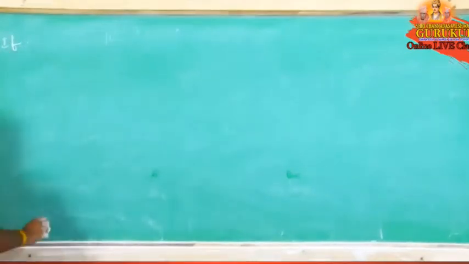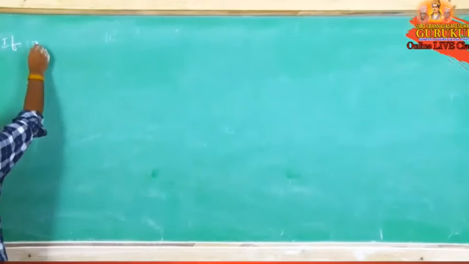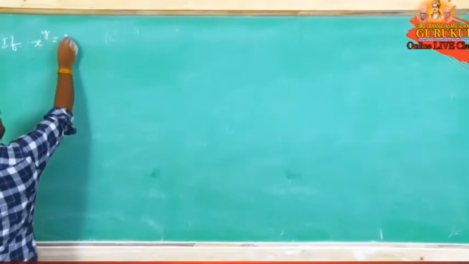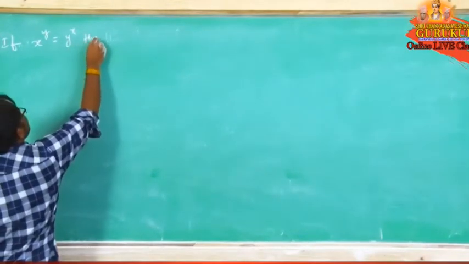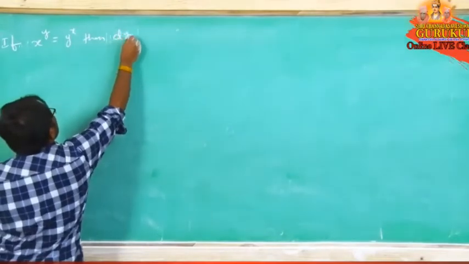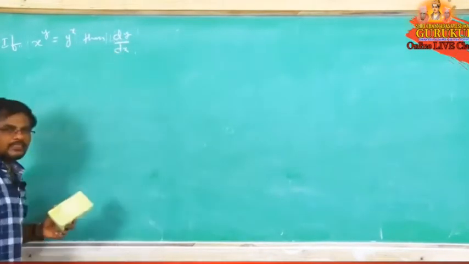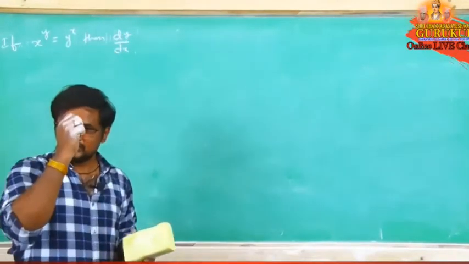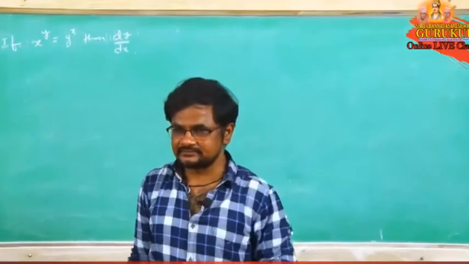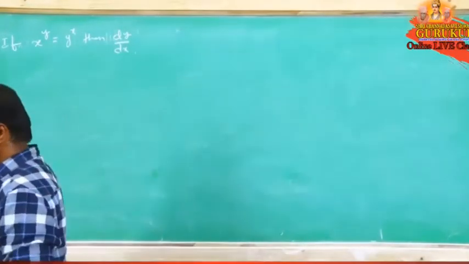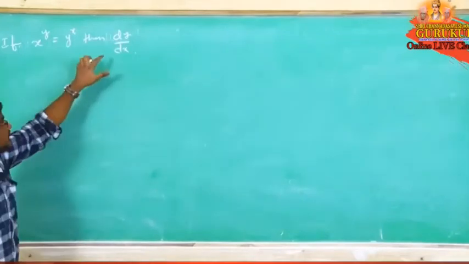Next, this in theory this is the most important problem. If x to the power of y equal to y to the power of x, then find dy by dx. X to the power of y equal to y to the power of x. Here also we have to find the dy by dx.